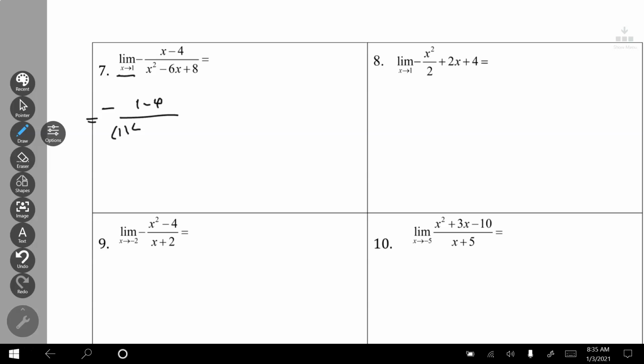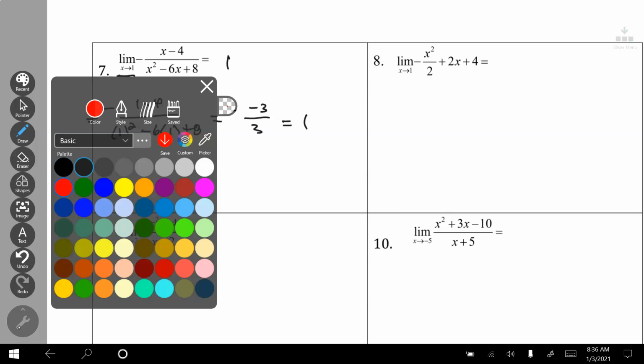Oh, that's terrible. Minus 6 times 1 plus 8. Well, this is negative 3, so it's negative of negative 3 over 1 minus 6 plus 3 is 3. Negative 3 is 3 over 3, so my result is just 1.